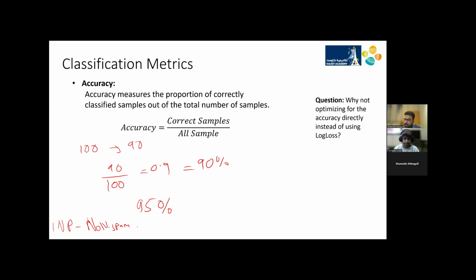So it made 100% non-spam predictions. In this case, our correct predictions will of course be 95, so we would get 95% accuracy.